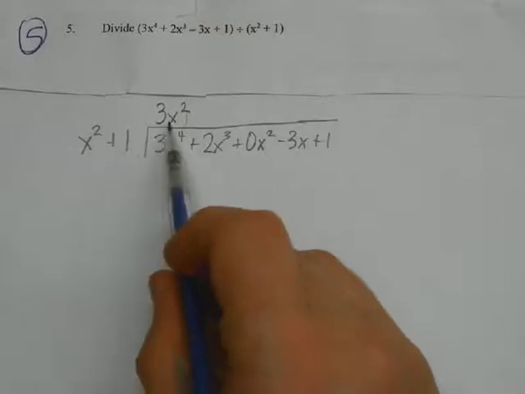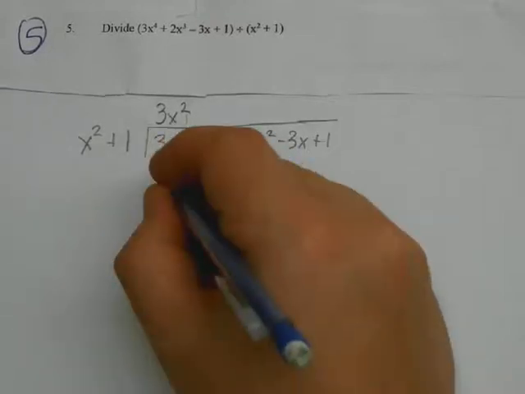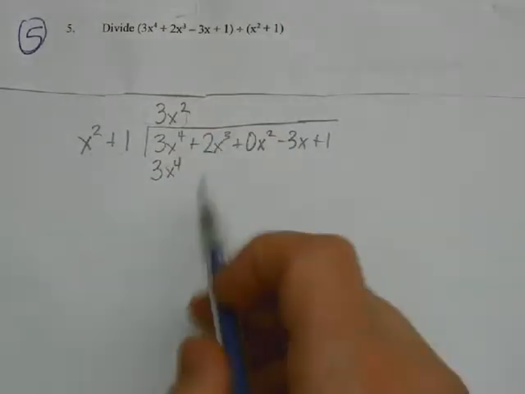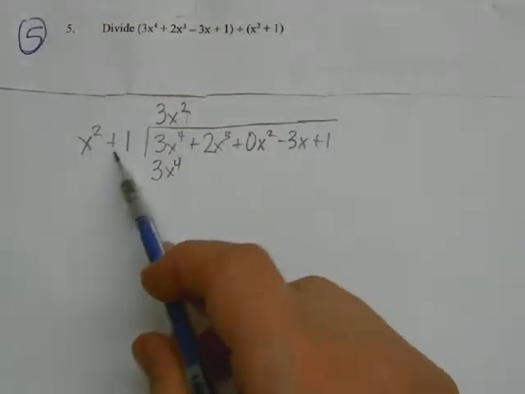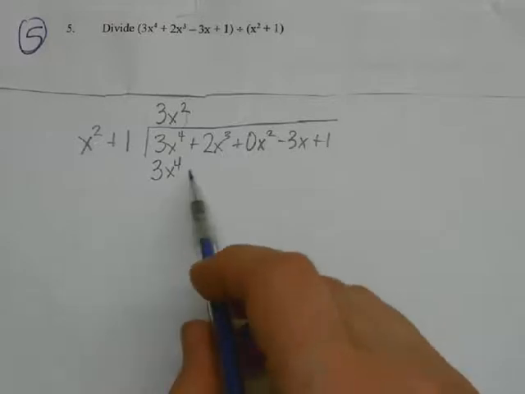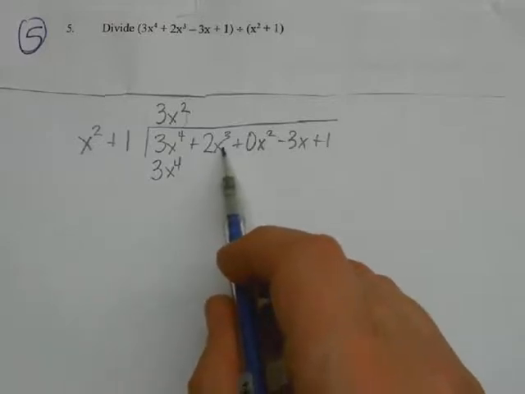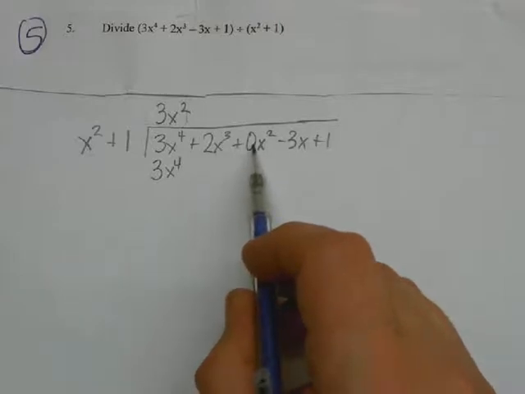So 3x squared times x squared is 3x to the 4th. 3x squared times 1 is 3x squared. Now I'm not going to put 3x squared here because I have the x to the 3rd term. I'm going to write it below the 0x squared term.